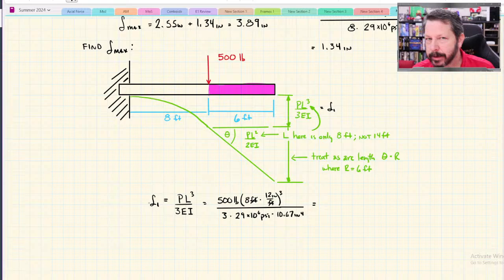Nope, I didn't do it all. Hold on, got to do it again. 10.67 times 29 million times 3, that's my denominator. 8 times 12 raised to the third power times 500 divided by my denominator is 0.477.